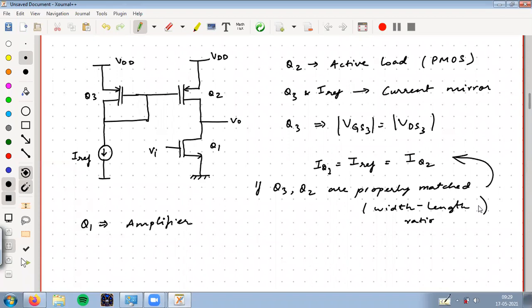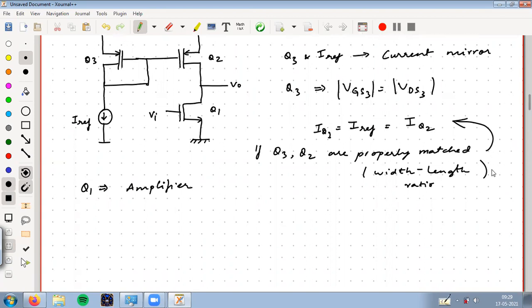And obviously Q1 is the amplifier here. Why? Because you're giving the input at the gate of Q1 and taking the output at the drain of Q1. So these are the nodes which you must observe.